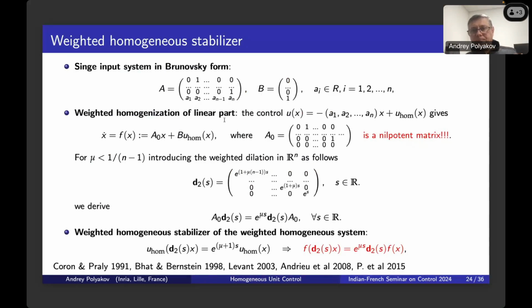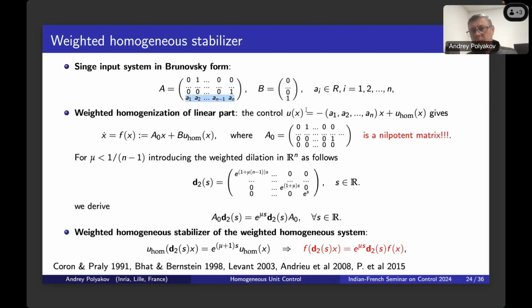Then we can just reject this part in the linear component of our system to have a system homogeneous of any degree mu, but with respect to weighted dilation.